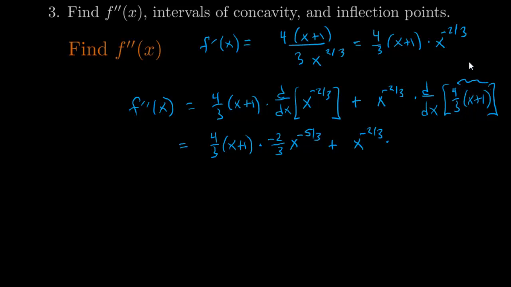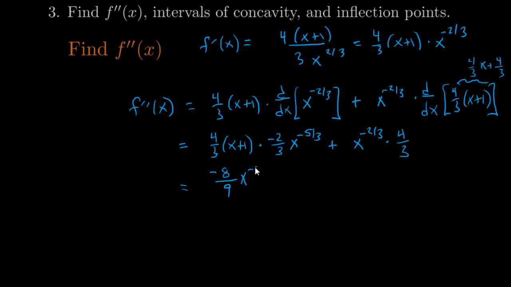Now this, that's the same thing as 4/3 x plus 4/3. The derivative of that is just 4/3. Okay, now we just have to factor. Actually, let's clean this up a little bit. We got negative 8 over 9.